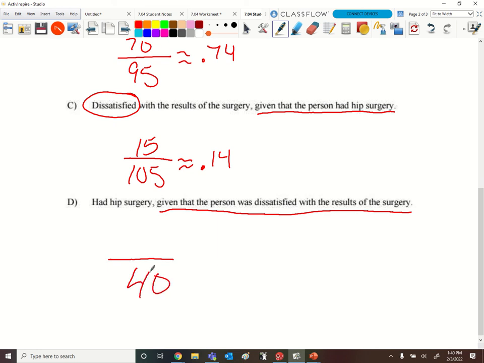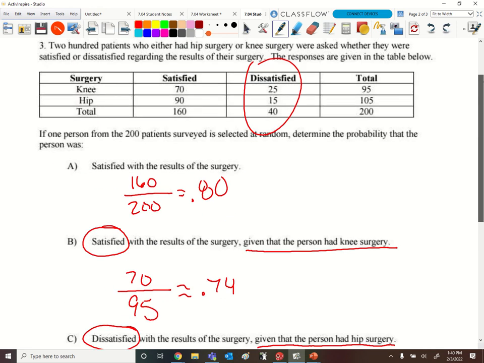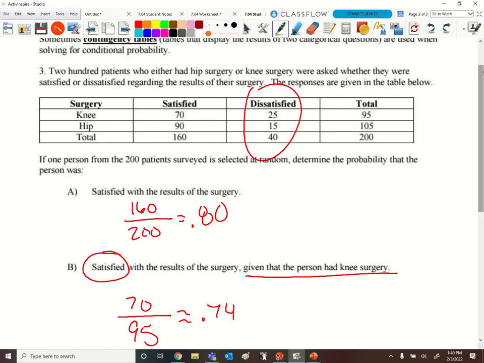And which one are we looking at here? Hip surgery. So how many dissatisfied? Now we're only looking at this. This is the "and" statement. Dissatisfied and hip surgery: 15.